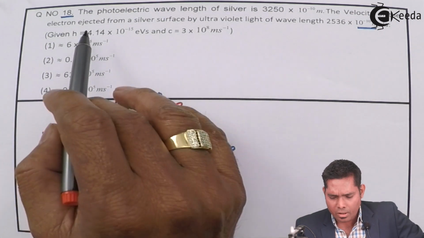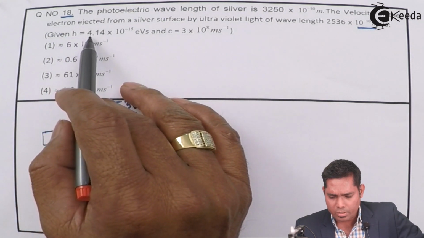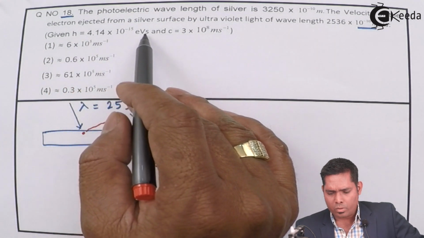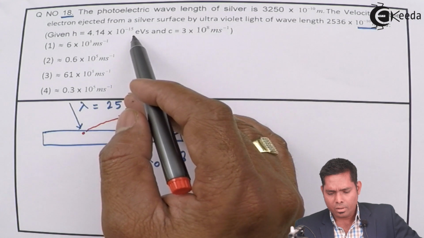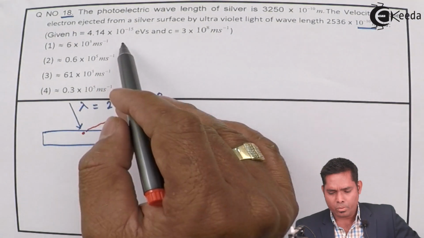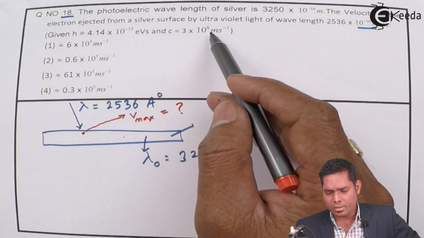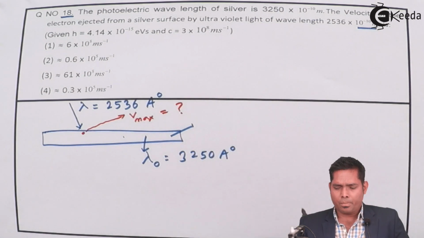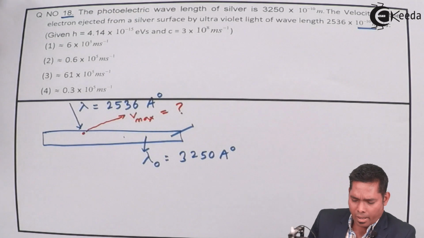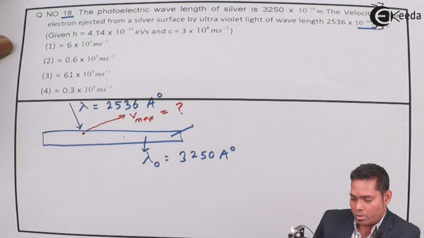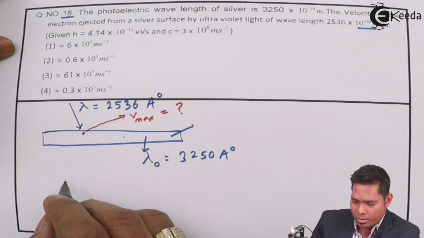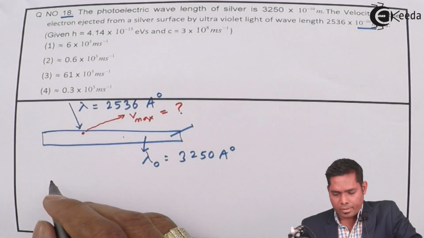Given is Planck's constant h, in electron volt seconds, not joule seconds, and the value of c. If you go by the general procedure it will take time. I will tell you both, but first let me solve this by a shortcut method.